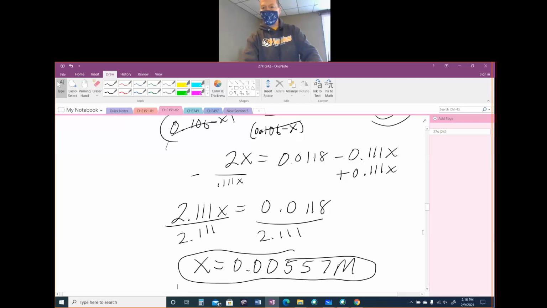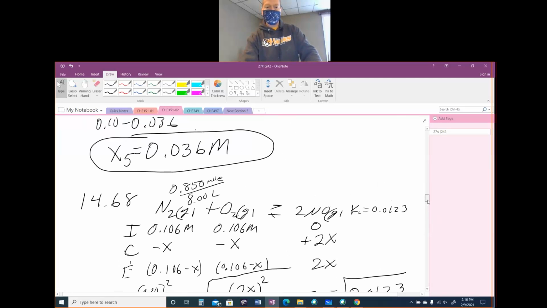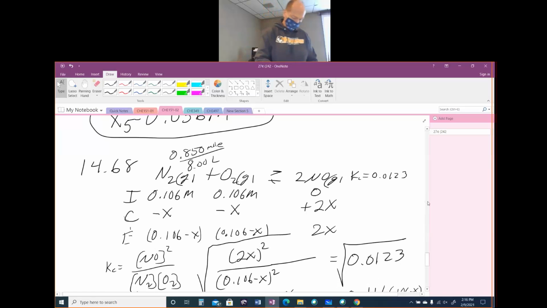All right, and so then you can get the answer to the question, which is what are your equilibrium concentrations? And so for your NO, it's 2 times that. So here you have your 0.0111. I didn't clear my buttons. 0.00557, I'm using 0.556891.